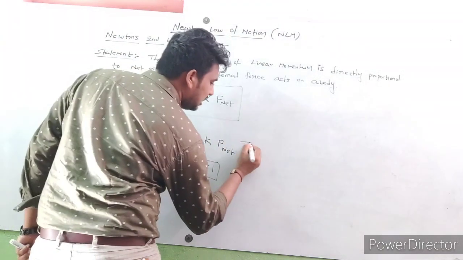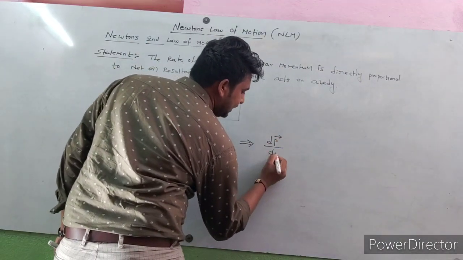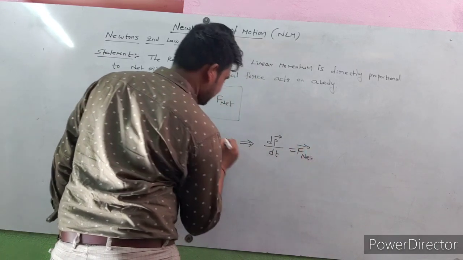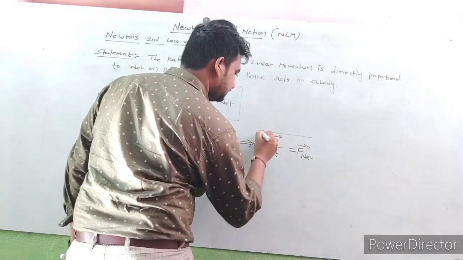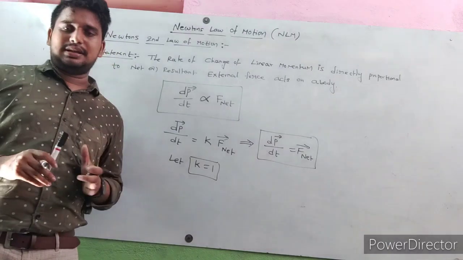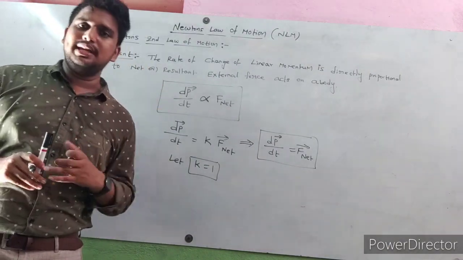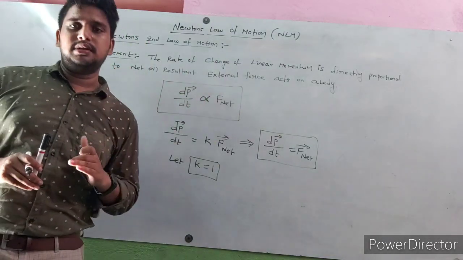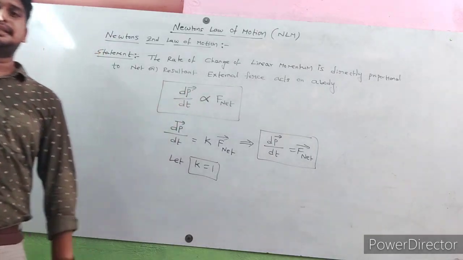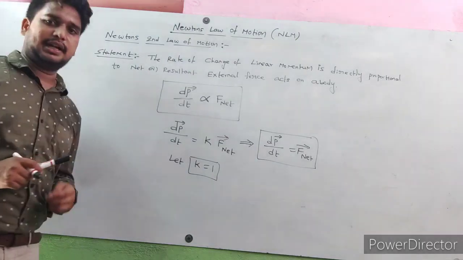So from this we got dp bar by dt is equal to f net or f bar net. That means the net external force or resultant force acting on any body is directly proportional to the rate of change of linear momentum. That is called Newton's second law of motion.